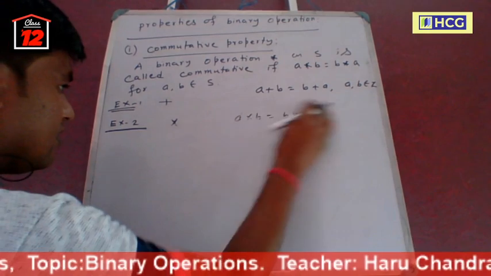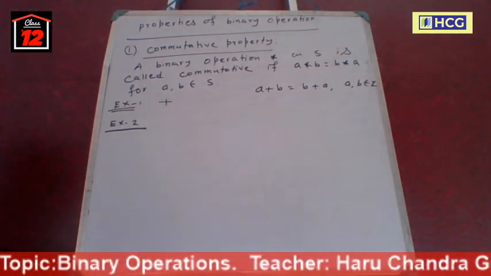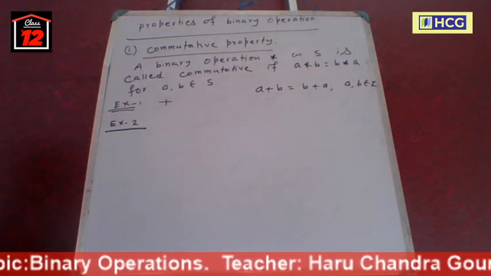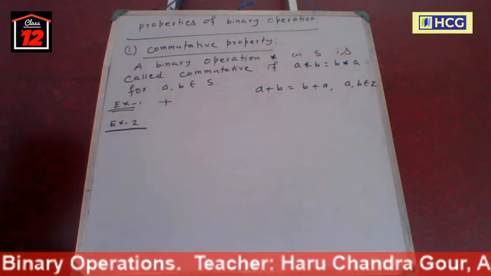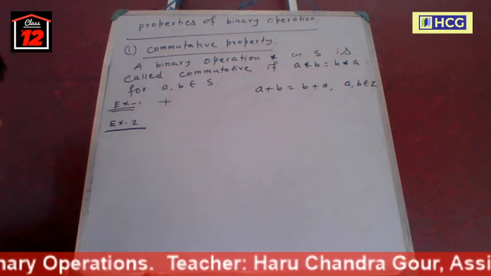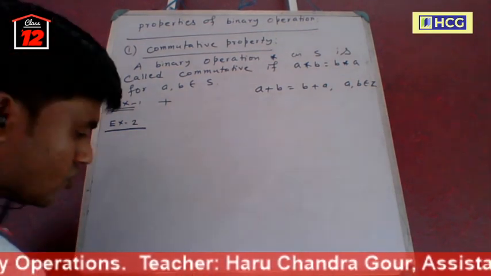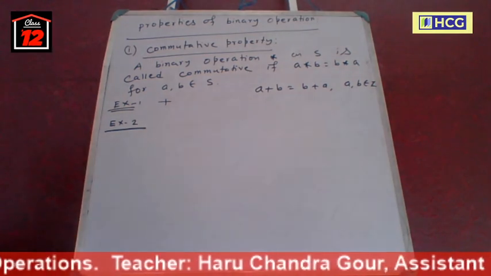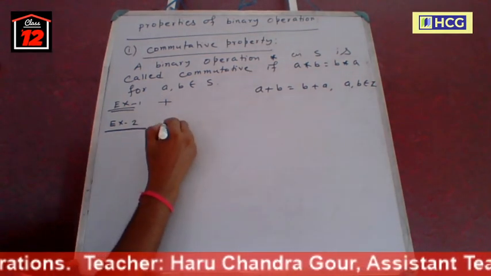Another example: the operation is matrix multiplication over the set of all 2 cross 2 real matrices.